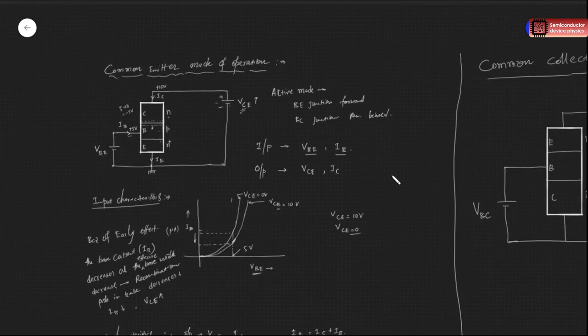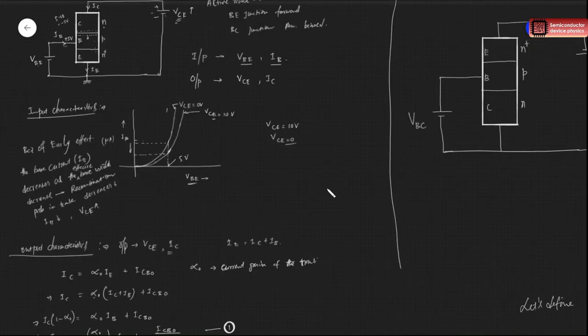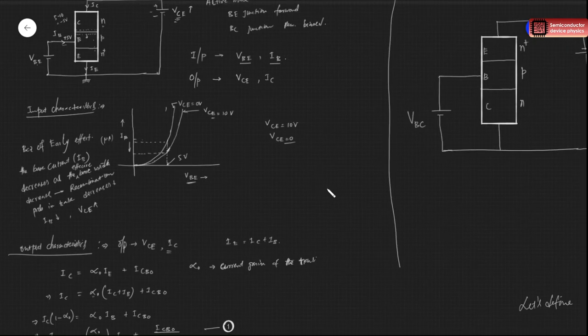So with this we have completed all the 3 different configurations in transistors, and in the next session we will discuss a little bit about which type of configuration we should use for different applications, right? Sometimes we need a voltage gain, sometimes a current gain, sometimes a power gain.